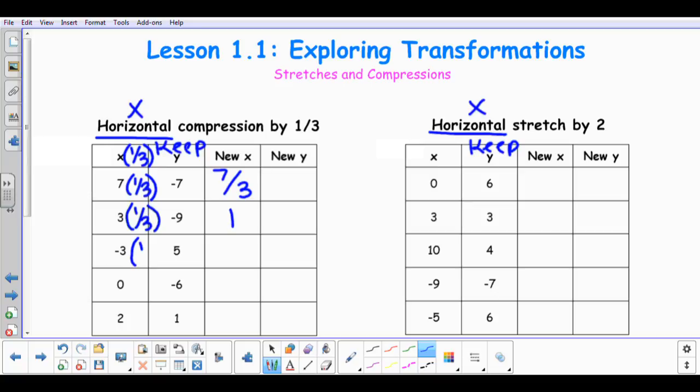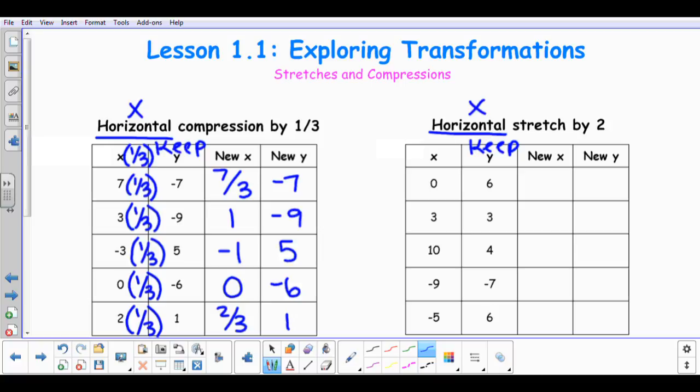Then I'll take -3 times 1/3, and that'll give me a -1. And then I'll take 0 times 1/3, and that'll keep me at 0. 2 times 1/3 will leave me with 2/3. And we said we were keeping our y, so I'm just going to recopy all of those y's from the original column.